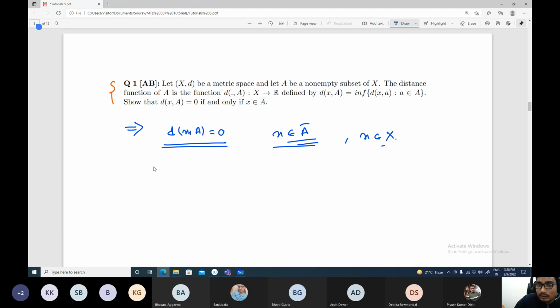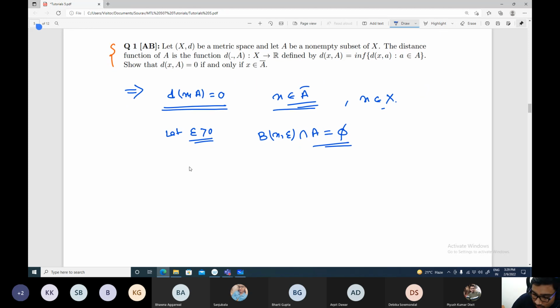You have to take a neighborhood of x, in particular a basic open set. So let epsilon greater than 0, and you have to show that the open ball B of x comma epsilon intersection A is non-empty.